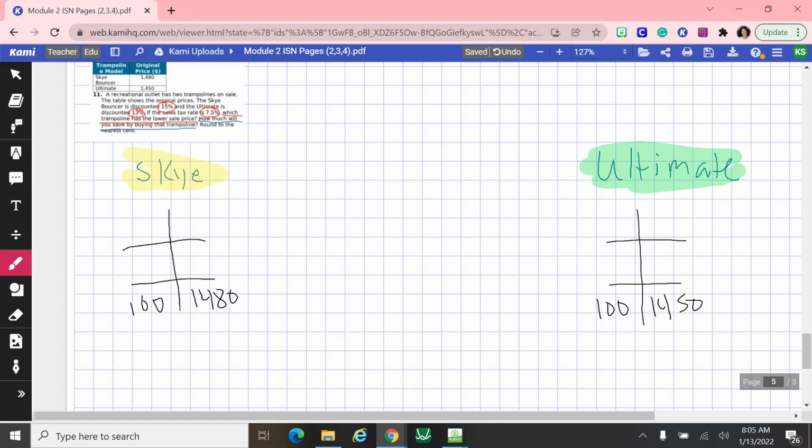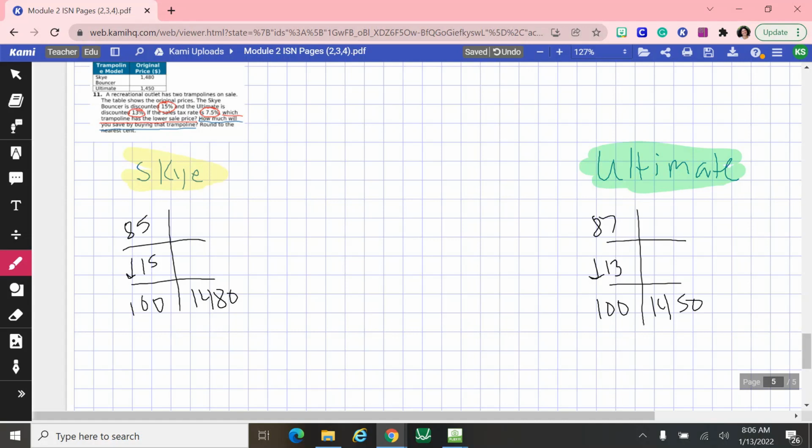For Sky Bouncer, it was discounted by 15%, which means that we paid 85% of that original cost. For the Ultimate, it was discounted 13%, which means that we paid 87% of the original cost.